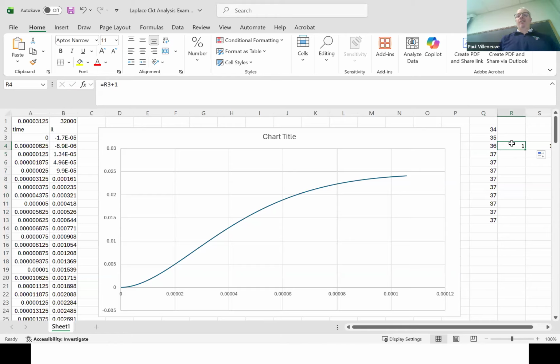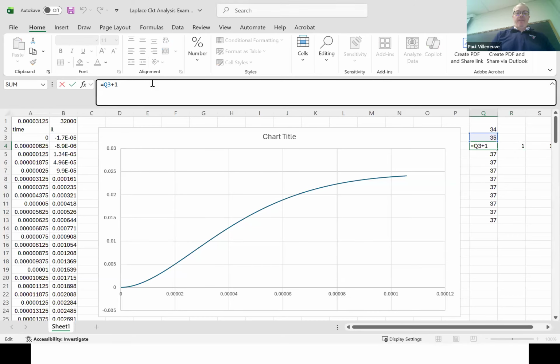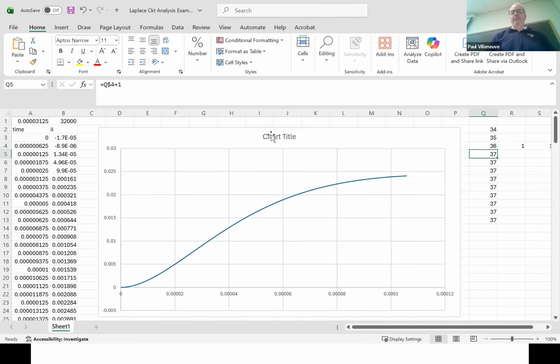If I don't want it to, all I need to do is put the dollar sign with the Q, and then try bringing that over. It locks in. So the dollar sign can lock in either the row or the column.